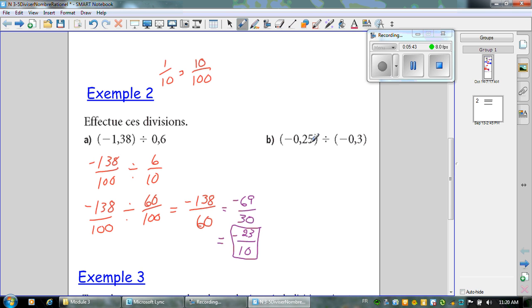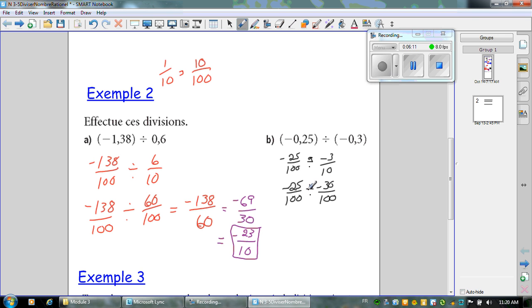All right, here we go. You want to divide these two, same idea. You have hundredths, so that's negative 25 hundredths divided by negative 3 tenths. Again, the same logic: a tenth is 10 hundredths, so 3 tenths is 30 hundredths.